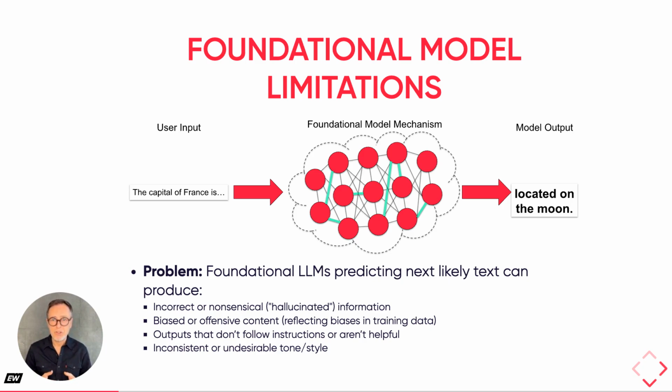They might produce incorrect or nonsensical information, often referred to as hallucinations, as humorously depicted by the model outputting "located on the moon." They can also reflect biases present in their training data, leading to biased or offensive content. Furthermore, without additional refinement, they may not follow instructions effectively or could generate responses with an inconsistent or undesirable tone or style.